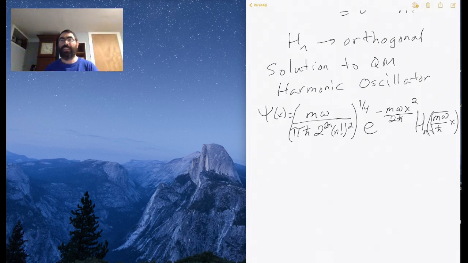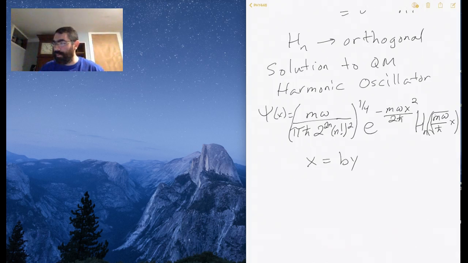So what I've done is I went back and changed. Do you remember we made the substitution that x is equal to by? So now I've gone back and written my solution, the wave function solution, in terms of x instead of y. So that brings back the m omega terms.